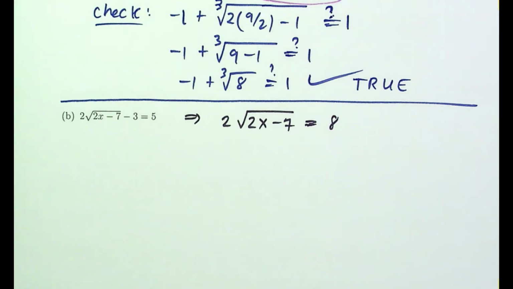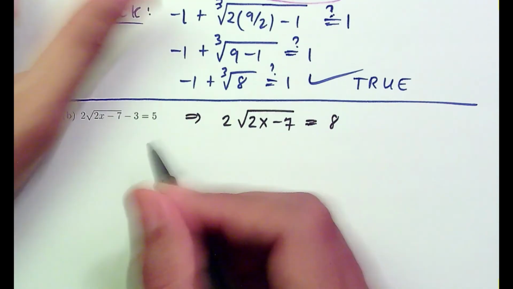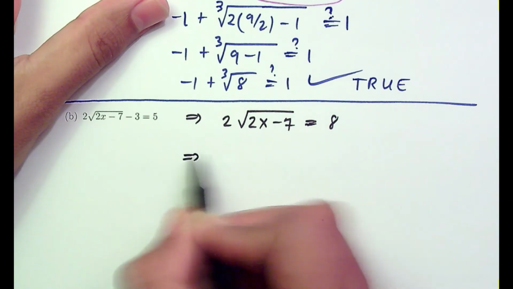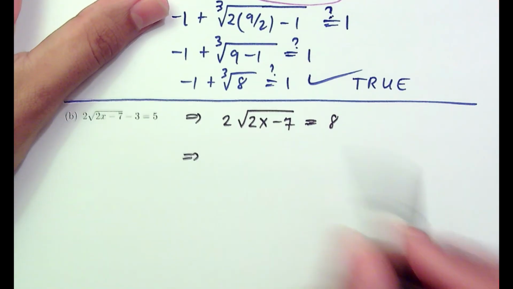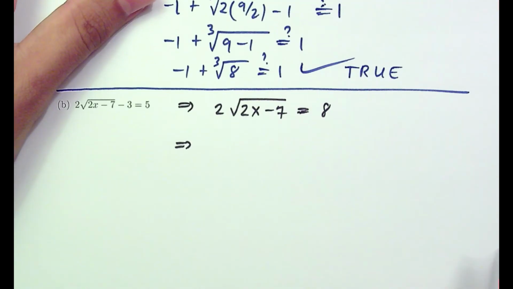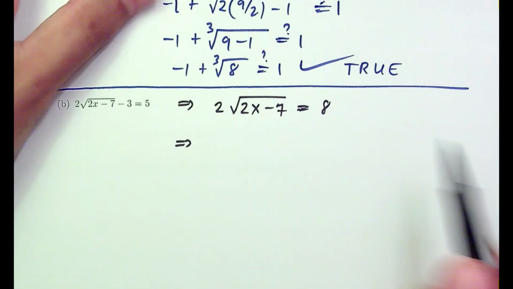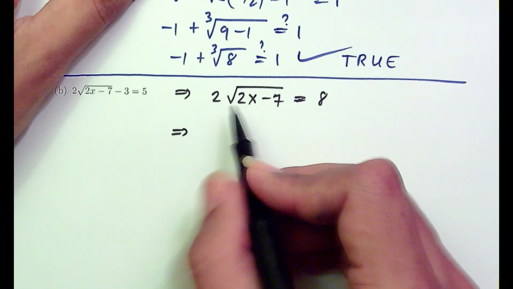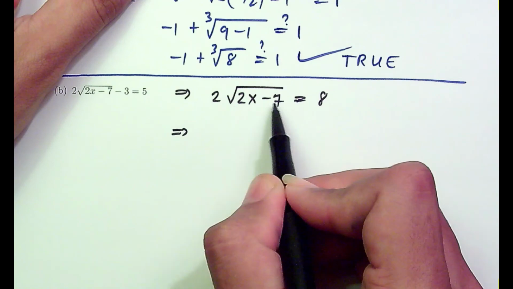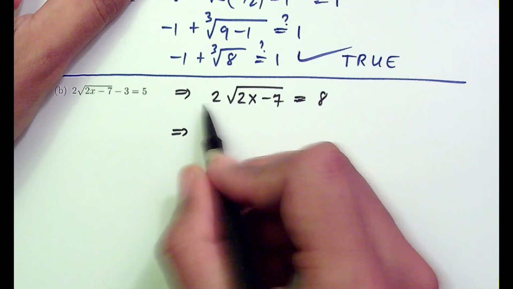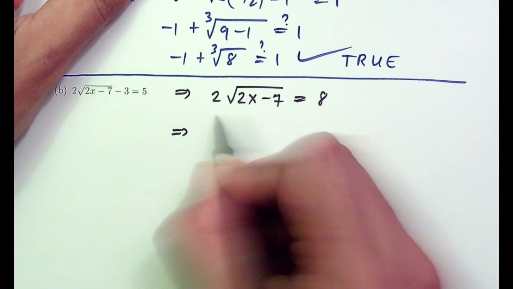Okay. Then I'm going to divide by 2. I still want the square root all by itself. Although technically you could really just square right now if you wanted to. As long as you're careful that you would have to square the 2 and get rid of the radical, you could square both sides right now. But I'm just going to divide by 2 first.